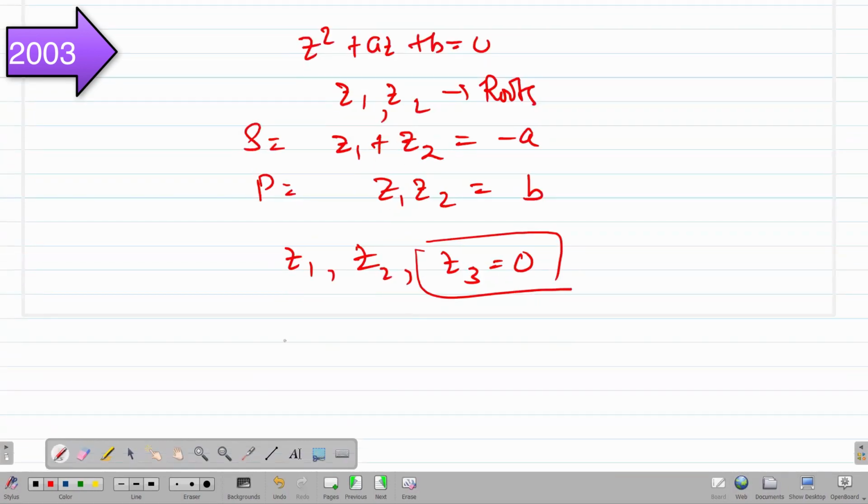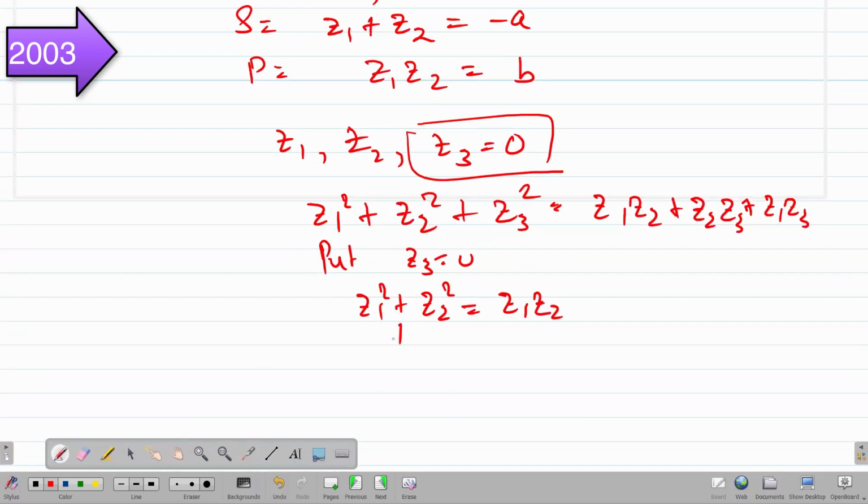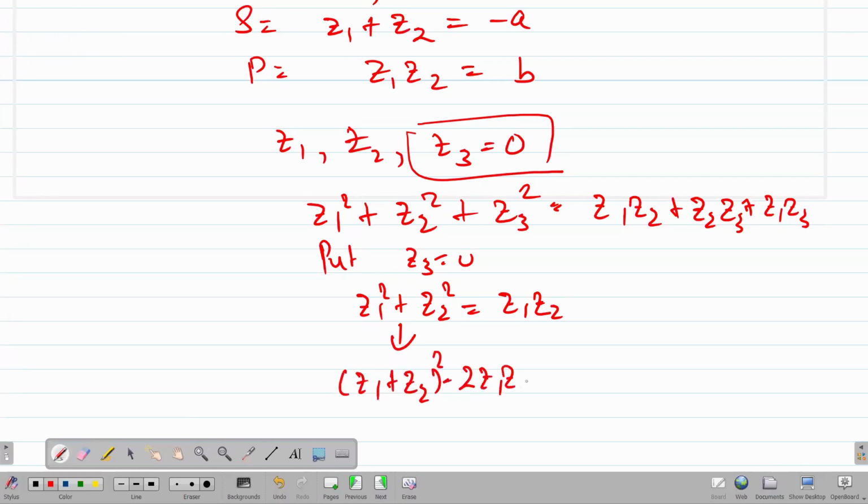And the result I have is that z1 square plus z2 square plus z3 square is equal to z1z2, z2z3 and z1z3. If I put z3 equal to 0 here, this comes out to be z1 square plus z2 square, and the other terms are 0. So I get z1z2. Further, I can replace the left side by an identity: (z1 + z2) whole square minus 2z1z2.